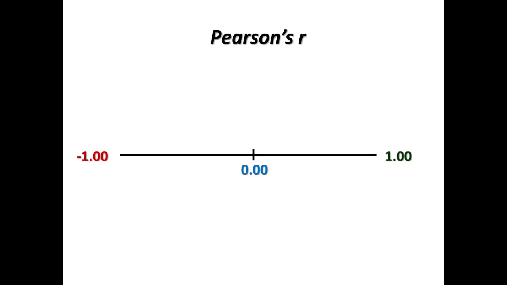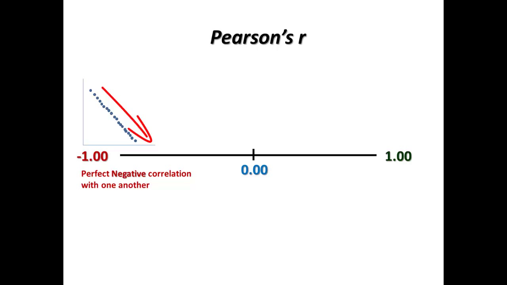So let's look at Pearson's R a little bit more. Let's say that you have a number line that has 1.0 on the right, which is positive, and a negative 1.0 on the left, which would be, of course, negative, and it goes through a center of 0.00. If you saw a cluster that looks similar to this, which is a negative slope, very much lined up together, that would indicate a perfect negative correlation between the two variables.